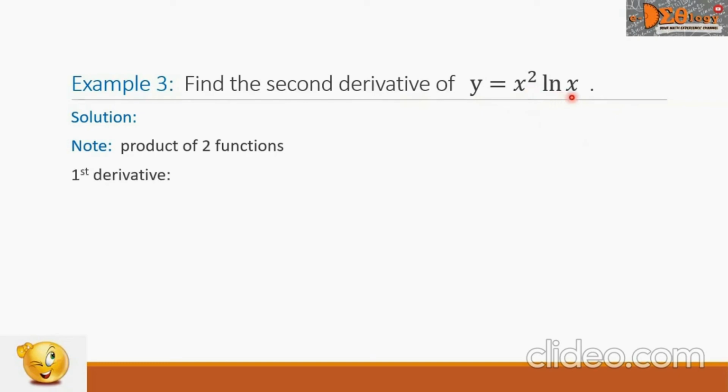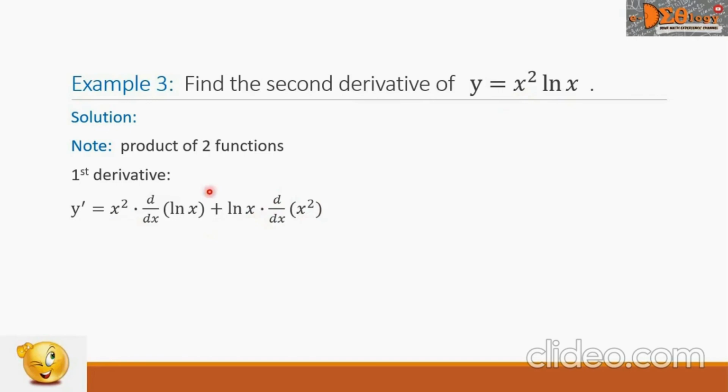So let us take now the first derivative. We have y prime equals x squared, that is the first function, multiplied by the derivative of the second function. Plus, we copy here the second function times the derivative of the first function.